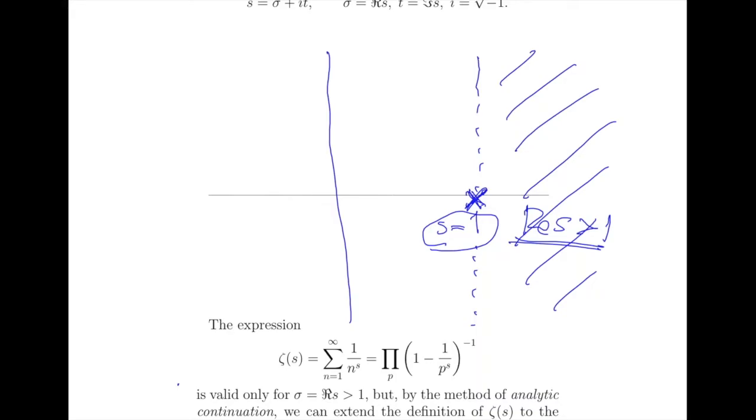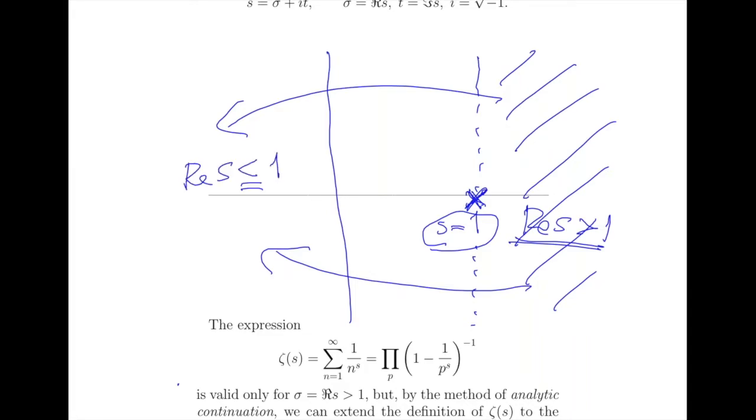However, in complex function theory, there is a technique called analytic continuation, and by using it, we can extend the definition of the zeta function to the plane where the real part of s is less than or equal to 1. Of course, today I don't want to go into the details of the theory of analytic continuation, but it is possible.